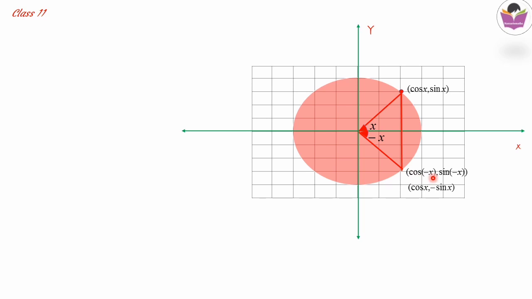That means cos of minus x is equal to cos x, and sin of minus x is equal to minus sin x. These are the two important formulae. Please remember these formulas; this derivation was explained just for understanding purposes.